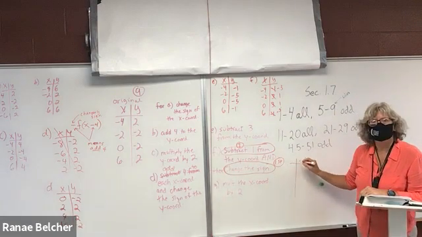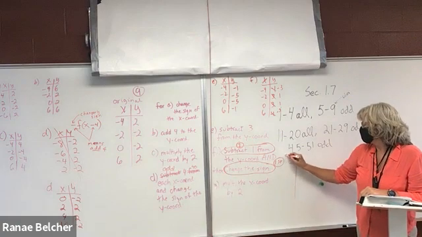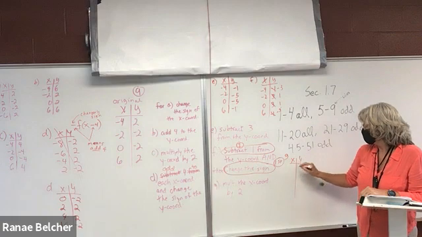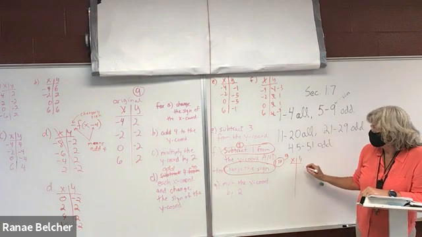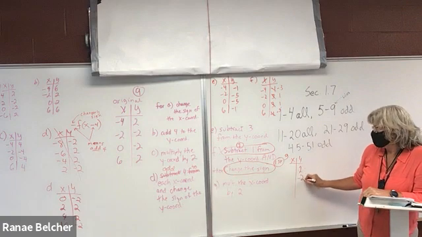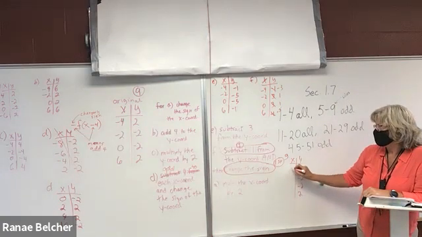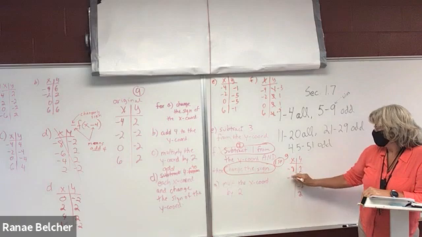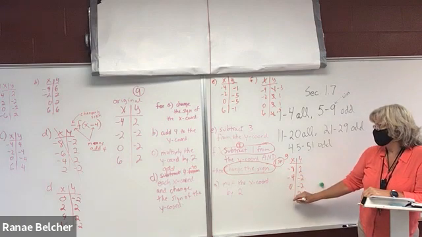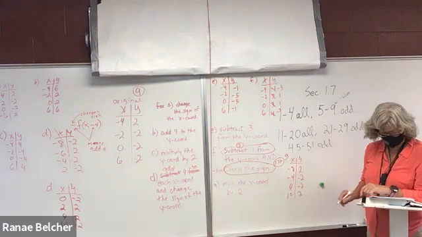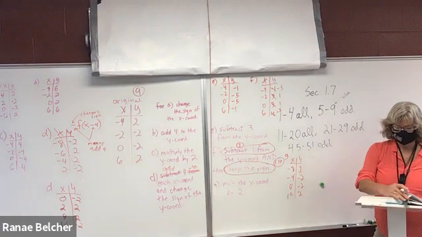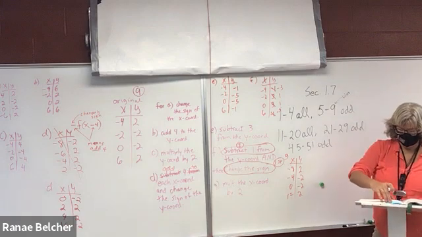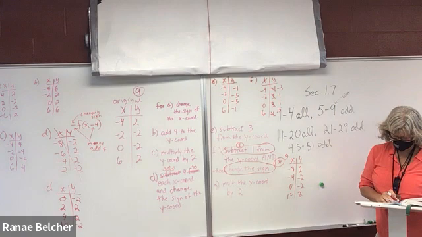G. Coordinate by 2. That's 2, negative 2, negative 2, 2, negative 8, negative 12. Two, two.